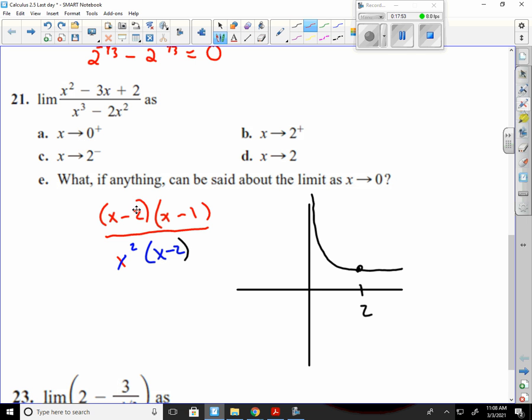So this is where solving this out is going to work a little better. Cancel those. I have x minus 1 over x squared. Now I can plug my 2 in because it's not going to get rid of it. 2 minus 1 is 1 over 2 squared. That gives me 1/4.